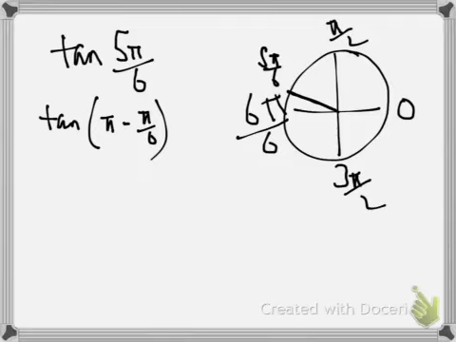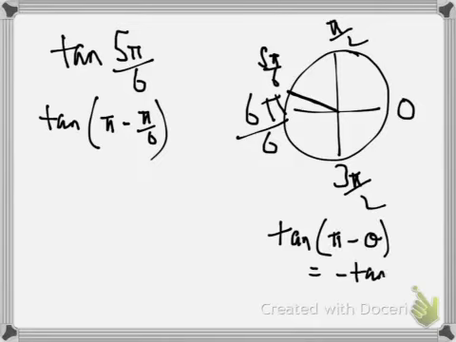We know from our rules the other day, we can look them up again if we need to, that tan of pi minus an angle is the same as negative tan of that angle. That's because tan is negative in the second quadrant. So that's going to be negative tan pi on 6. Okay, so we need to now include the value for tan pi on 6 or tan 30 degrees. Once again, we either know it or we look it up.